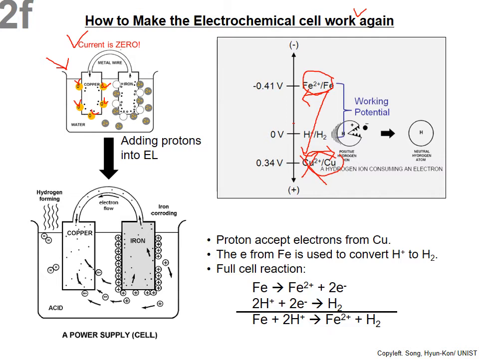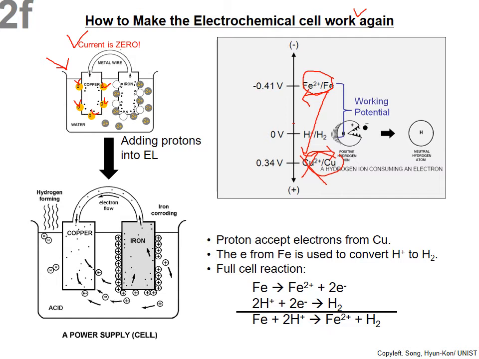No more babies there. So the solution is like that. Any oxidized species is introduced into the system, which should have a more positive reduction potential than Fe2 plus/Fe. Then this cell is working.